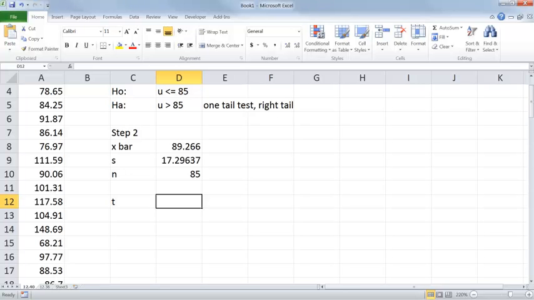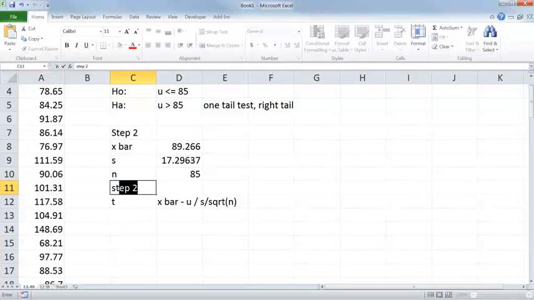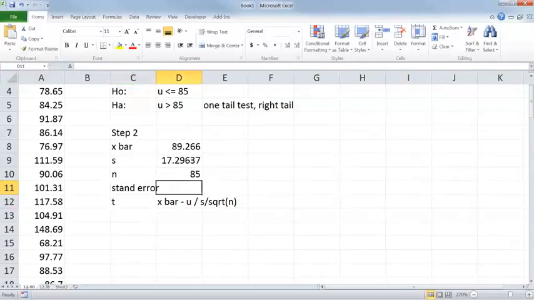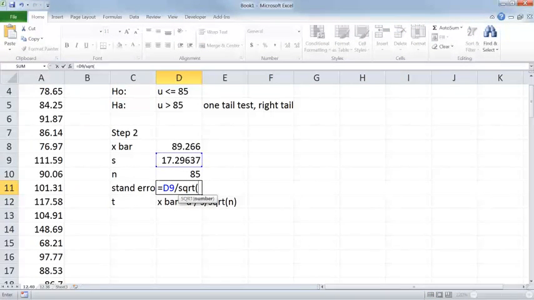So something like x bar minus mu divided by s divided by the square root of n. Which is really the standard error. So let's actually just do that. Standard error equals s divided by the square root of n.